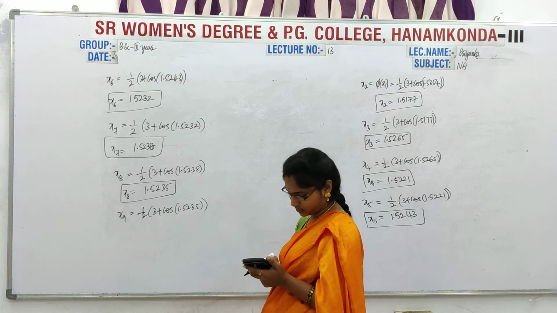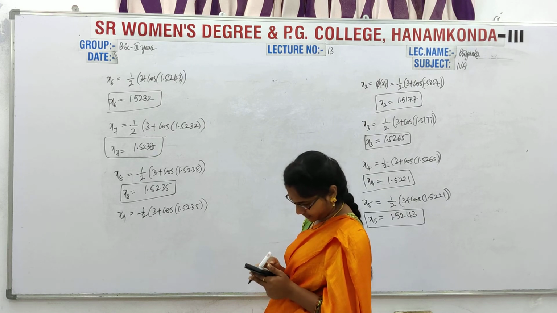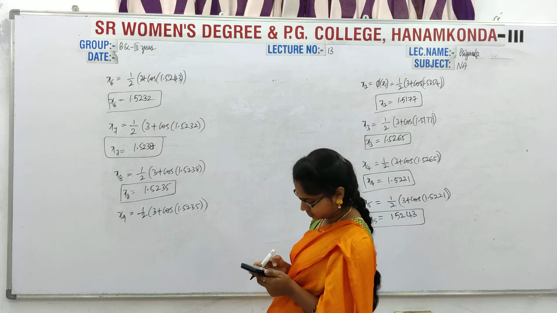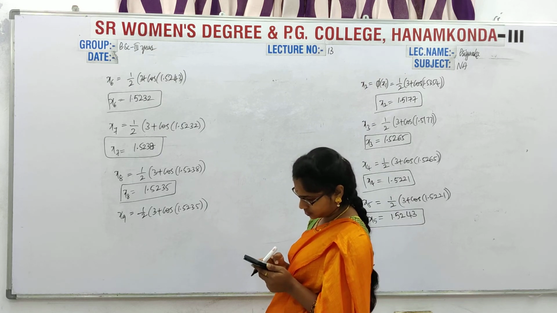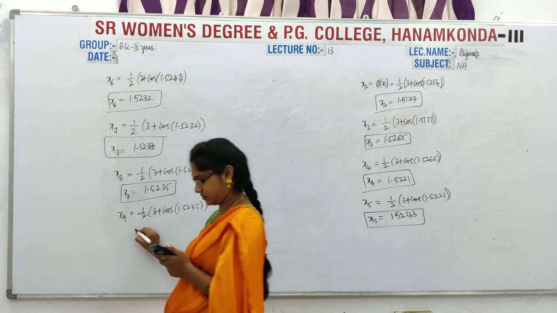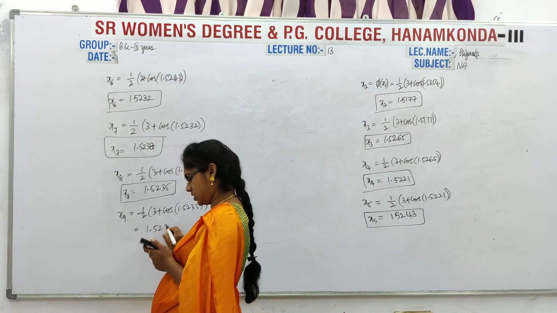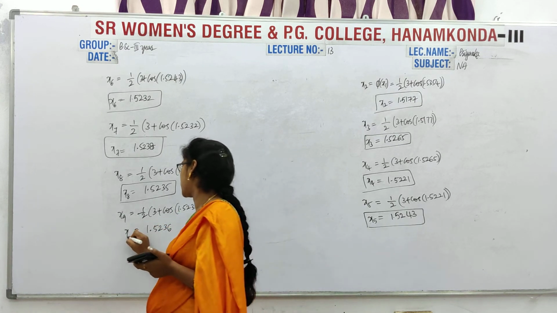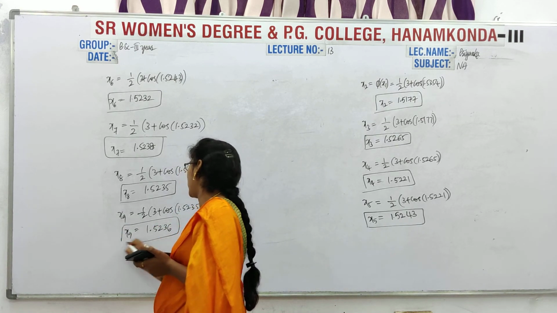Cos of 1.5235 plus 3 divided by 2. 1.52639 I have, so 1.5236 is the value of x9.